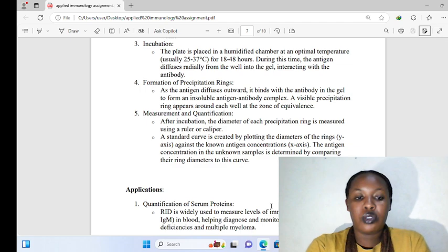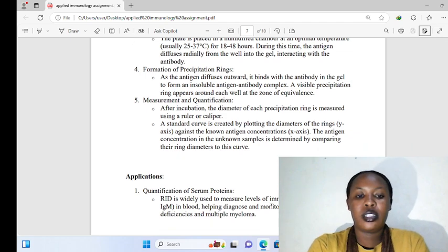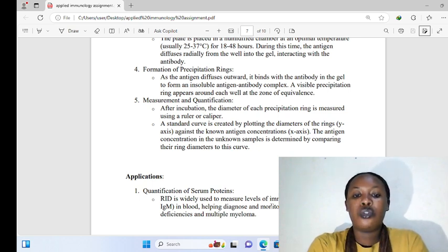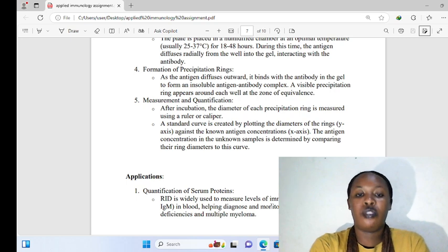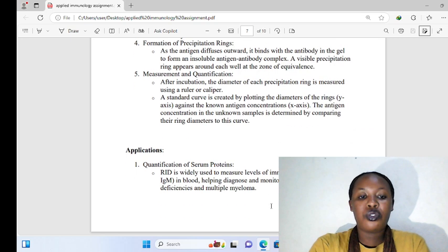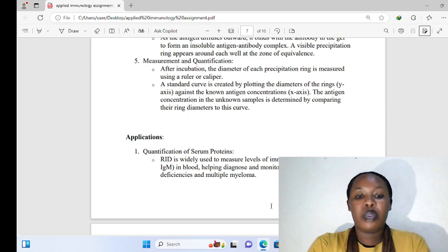The fourth one is formation of precipitation rings. As the antigen diffuses outward, it binds with the antibody in the gel to form insoluble antigen-antibody complex, where a visible precipitation ring appears around each well at the zone of equivalence. The fifth one is measurement and quantification, where after incubation, the diameter of each precipitation ring is measured using a ruler or caliper.